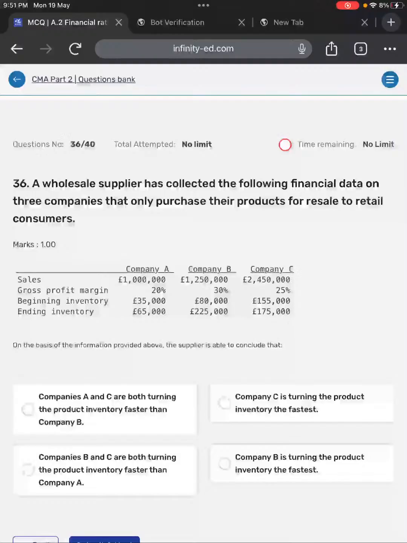Average 155 plus 175 divided by 2, 165. 18 lakh 375 divided by 165,000.